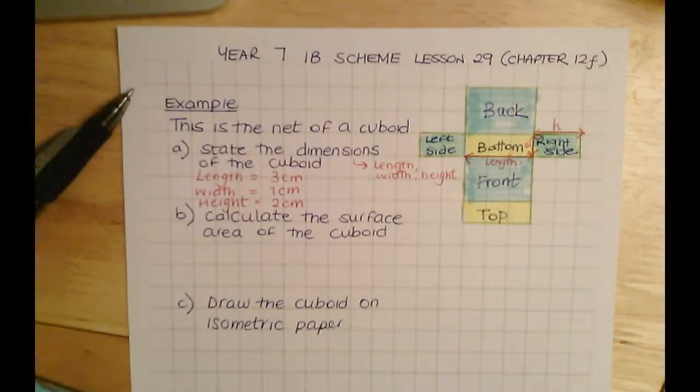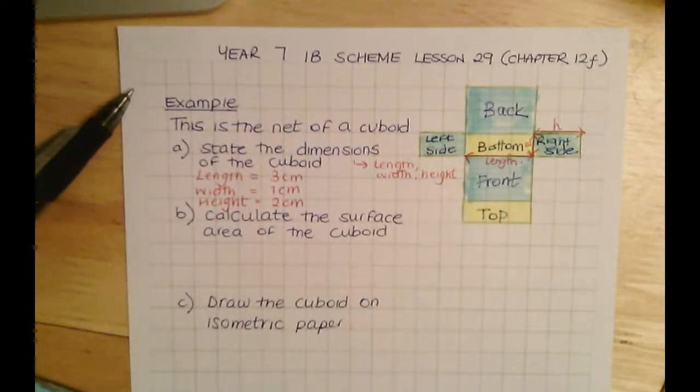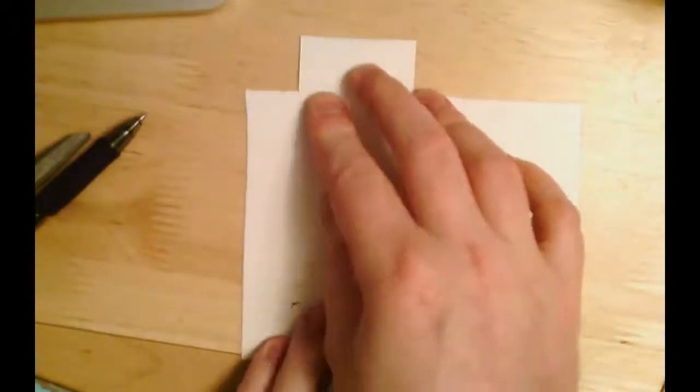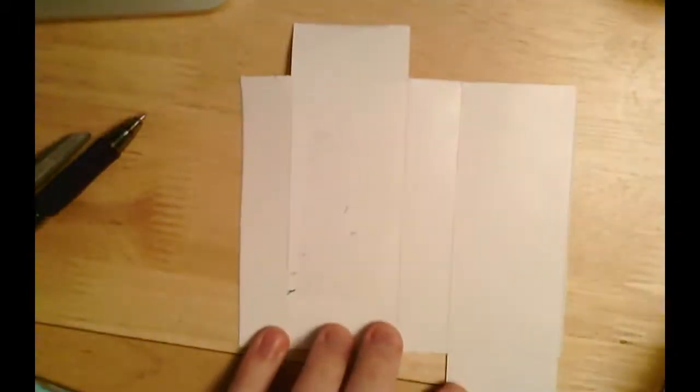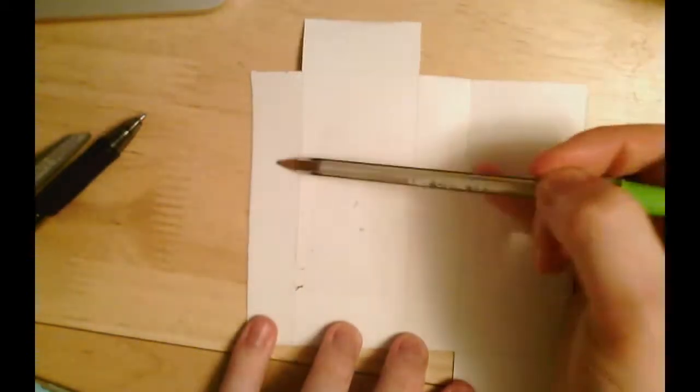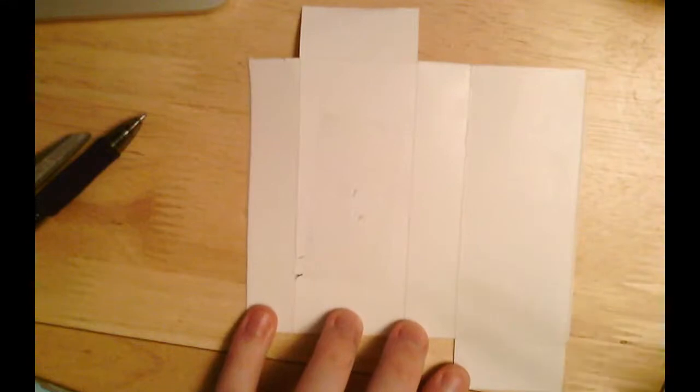Now, the surface area links back to the net of the shape. If I come back to my diagram here, now the surface area, or the way we work out a surface area, is we look at each part of the shape, we work out its area and then add them up.